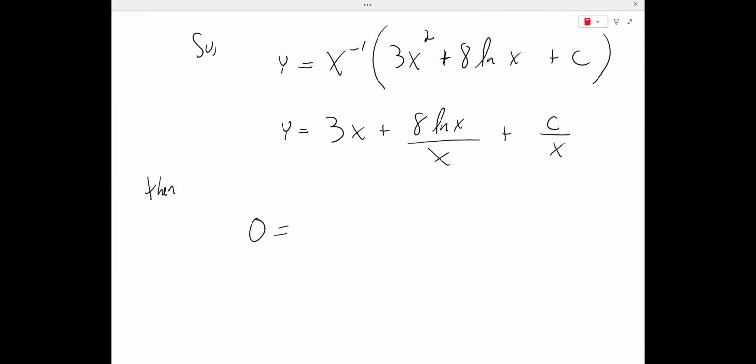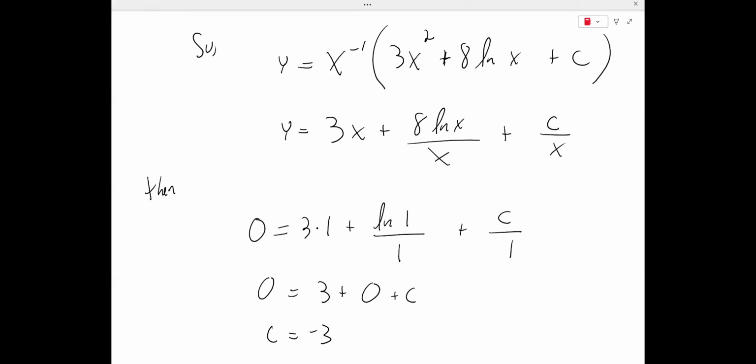So 0 equals 3 times 1 plus, now what would happen if I put 1 here? Natural log of 1 is 0, so that actually becomes 0. I'll just write it in to see it. So 0 is equal to 3, plus 0, plus c. So c would be negative 3.